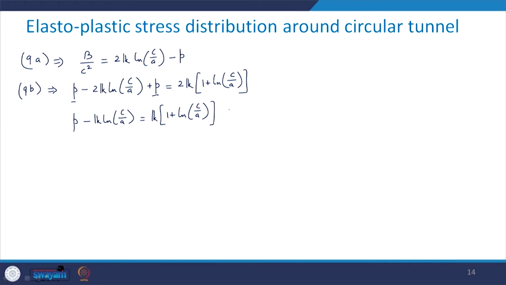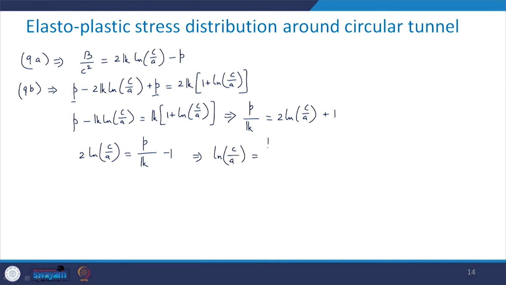So, from here we can write that P upon kappa is equal to 2 ln C upon A plus 1, or I will have 2 ln C upon A is equal to P upon kappa minus 1, and this also can be written as ln C upon A, that is P minus kappa upon 2 kappa, and from here I can get C is equal to A exponential of this quantity, which is P minus kappa upon 2 kappa.